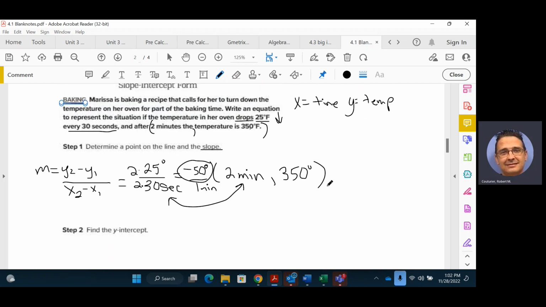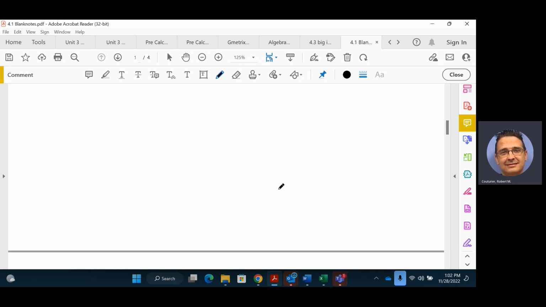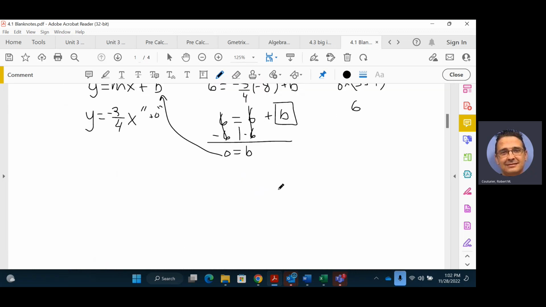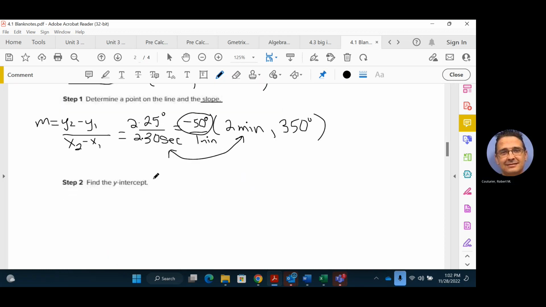Now they say find the y-intercept. Well, this was not our y-intercept. So again, we have to use our equation from up here, y equals mx plus b. Plug in the pieces we know. We know m is negative 50.